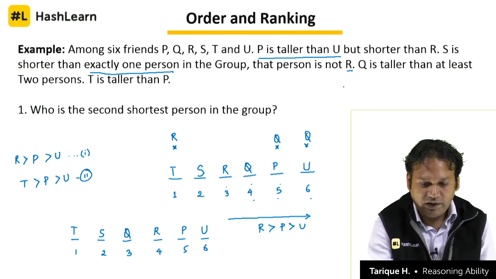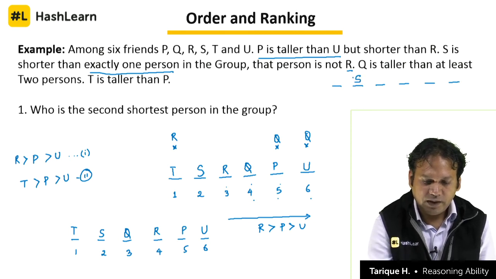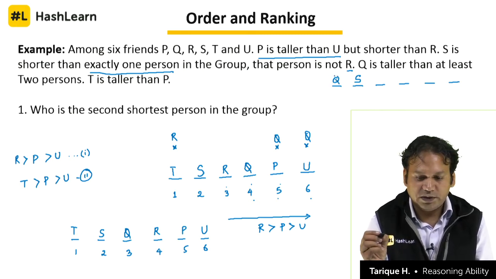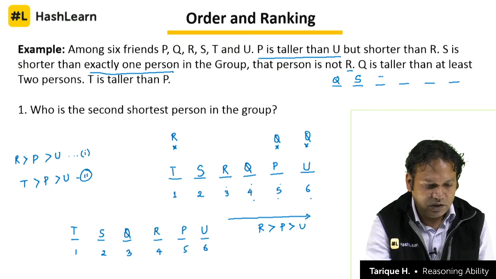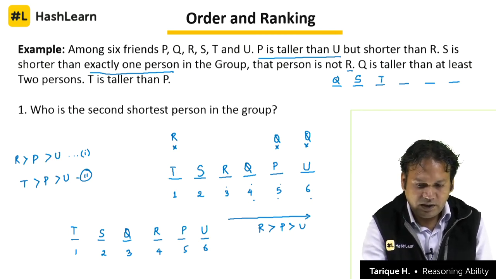Now maybe we can take one more situation. 1, 2, 3, 4, 5, 6. We know S is here. We know Q can also be in this position because Q is taller than at least 2 persons. T is taller than P. So you can also say that T is here, R, P and U is here.